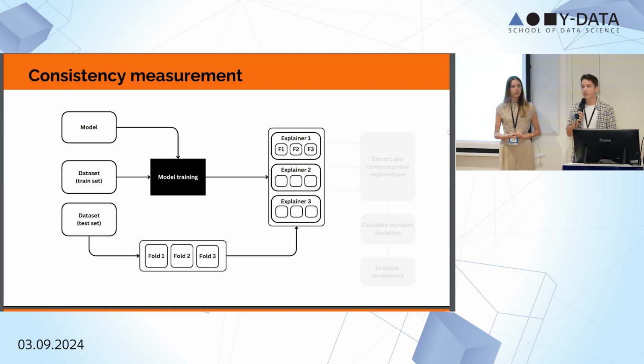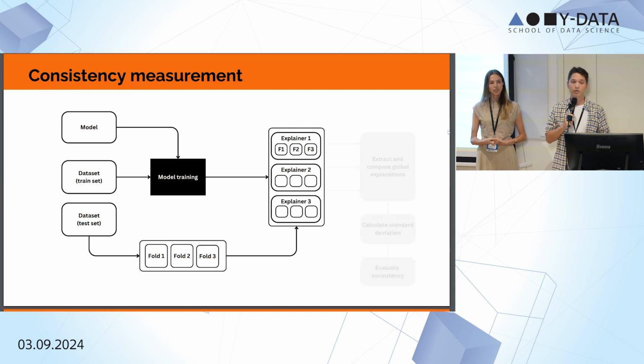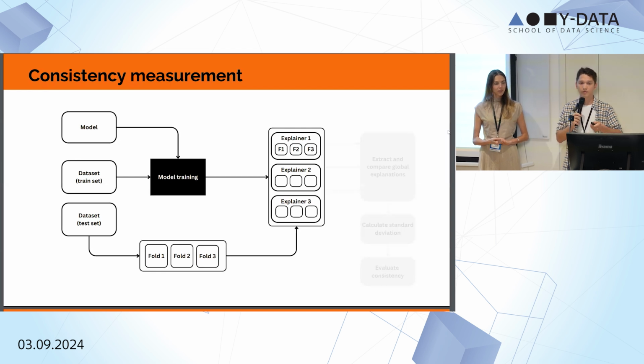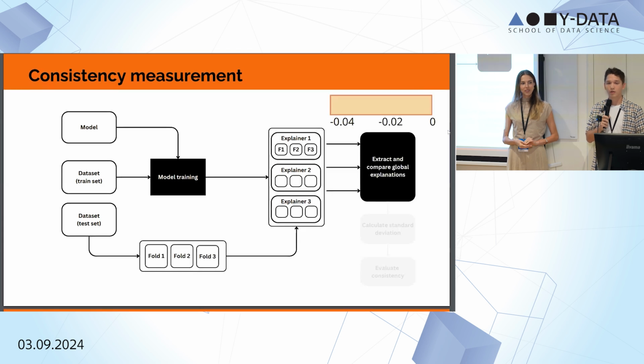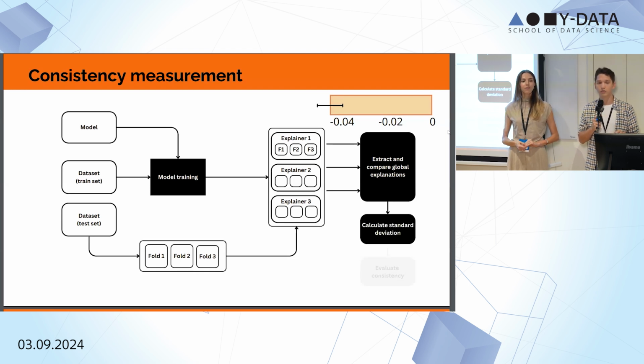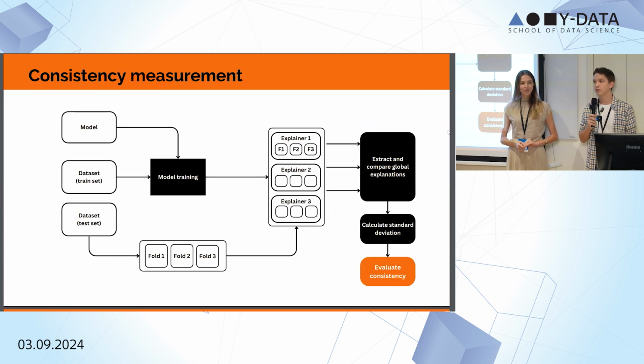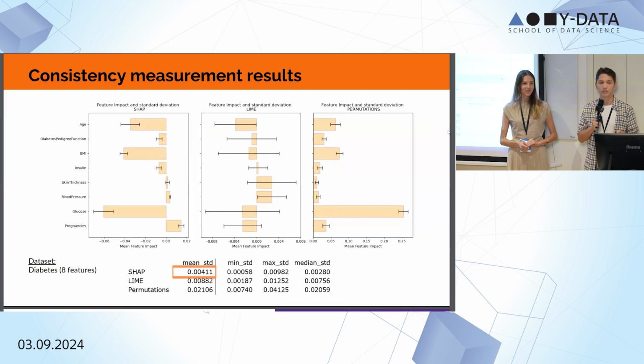We create explainers to evaluate the consistency for each fold, and for each fold with the trained model, we apply the explainers. After that, we extract the explanations. We get a feature importance for each fold. After that, we calculate the standard deviation between them, and this is how we evaluate the consistency.